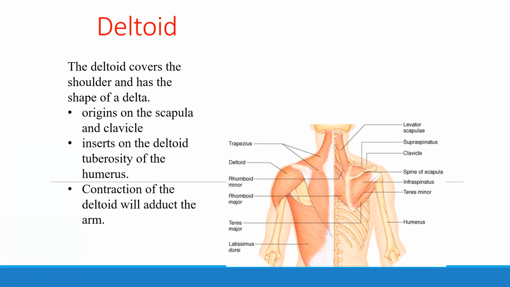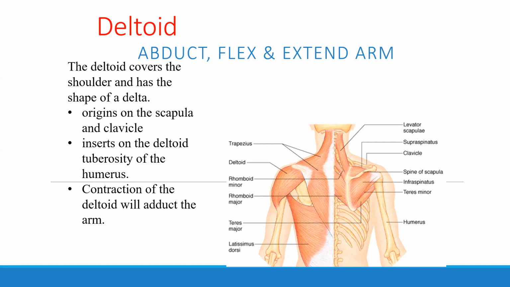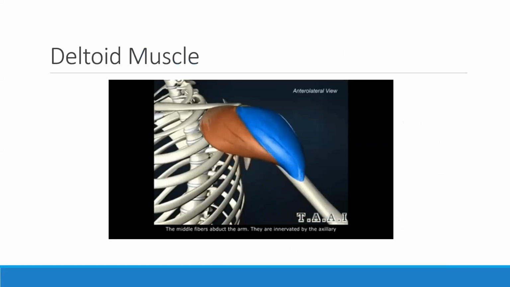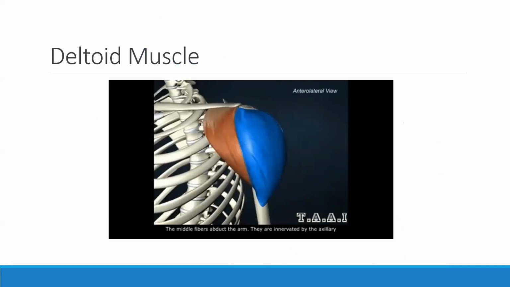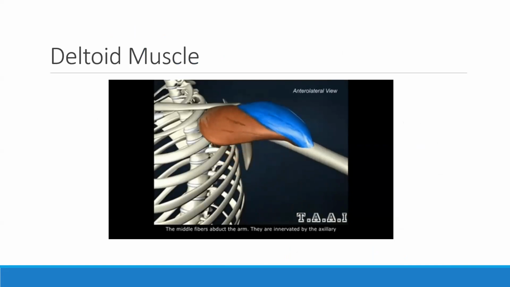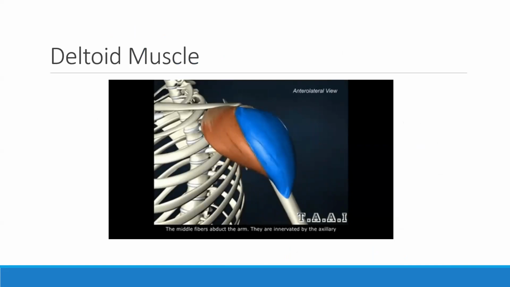And there's a reason I emphasized all these tuberosities when we went through bones. The deltoid muscle can flex and extend the arm. It can abduct and adduct. Abduct means to take the arm out, and adduct means to bring it back in. But let's just focus on knowing that it's a deltoid and it inserts on the deltoid tuberosity on the humerus.